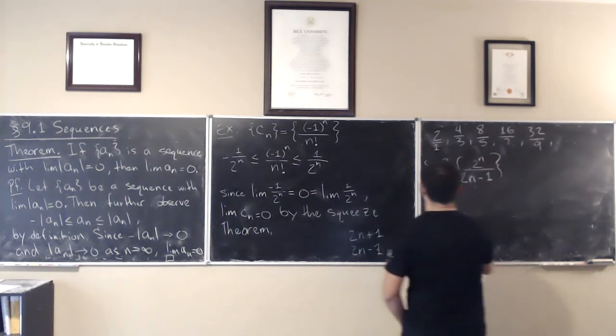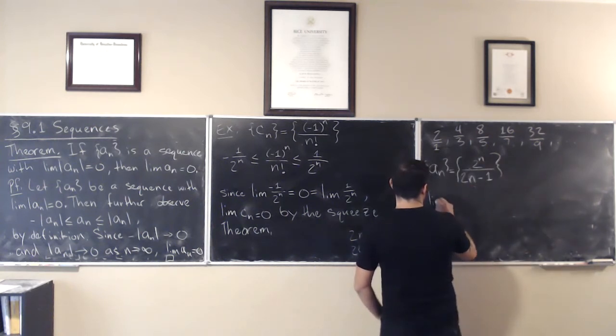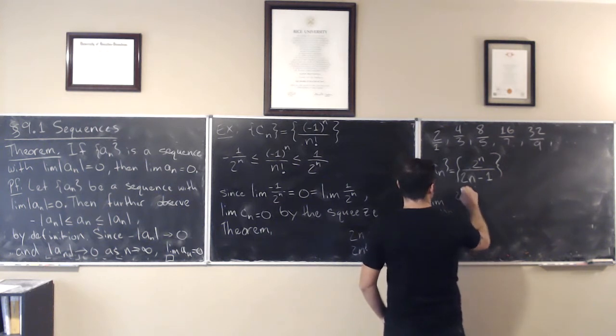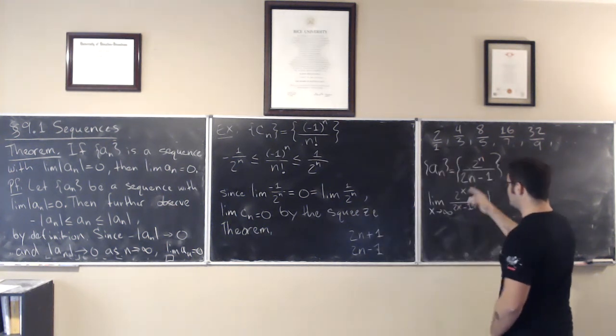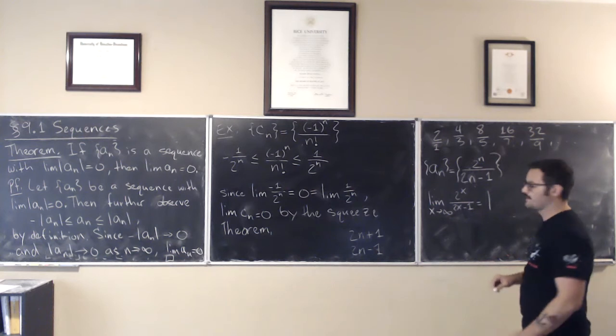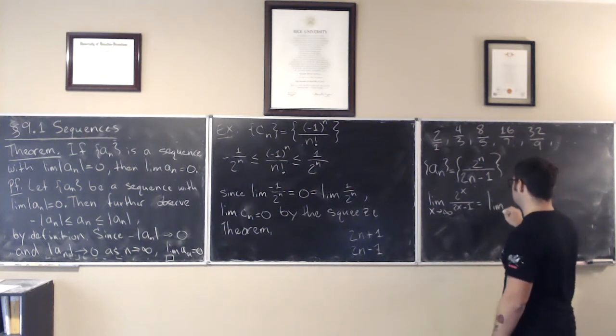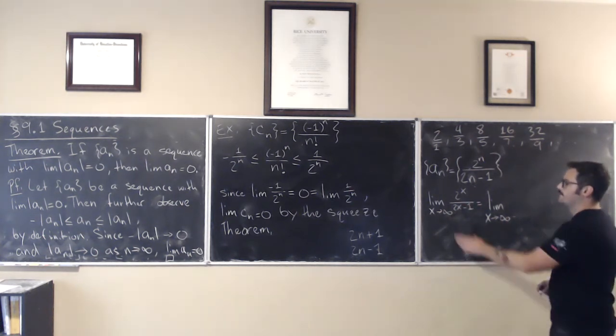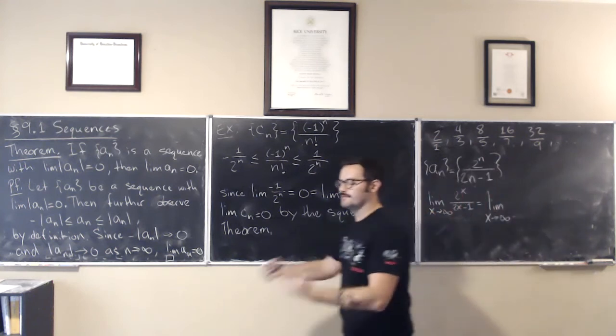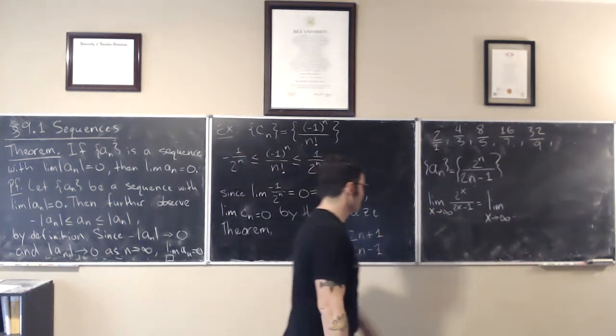So if we look at the limit as x goes to infinity of 2 to the power x over 2 times x minus 1, I already know that that's infinity over infinity. We can apply L'Hôpital's rule. And this is a real variable now. Again, if it converges for the real variable, then it will converge for the sequence version.